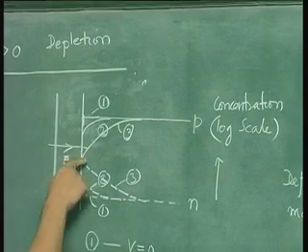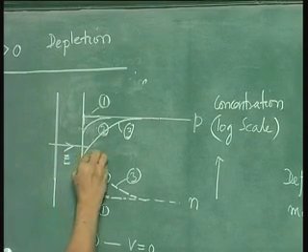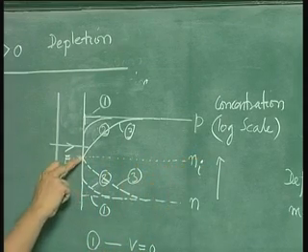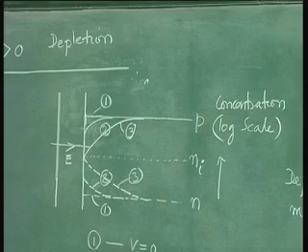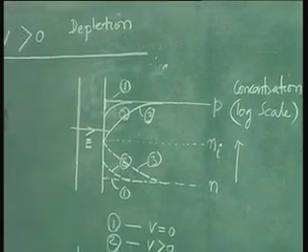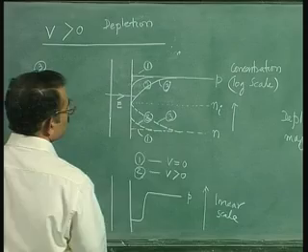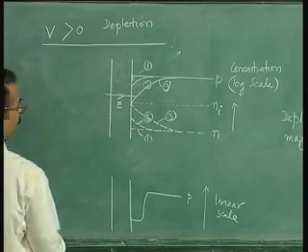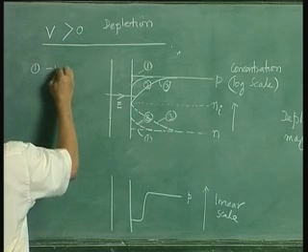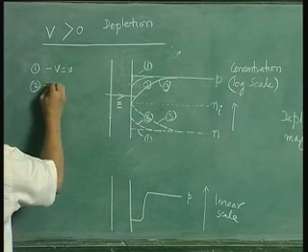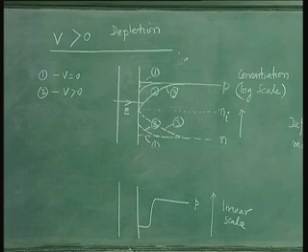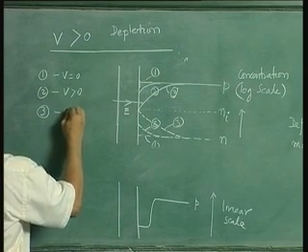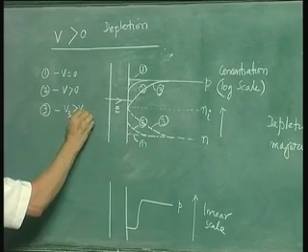Now condition 3 corresponds to the voltage when the surface concentration of holes and electrons are the same. Let us write this here, 1, 2 and 3, all conditions we will list on the left hand side. So 1 is voltage equal to 0, 2 is voltage greater than 0, and 3 is a higher voltage, so V3 greater than V2.